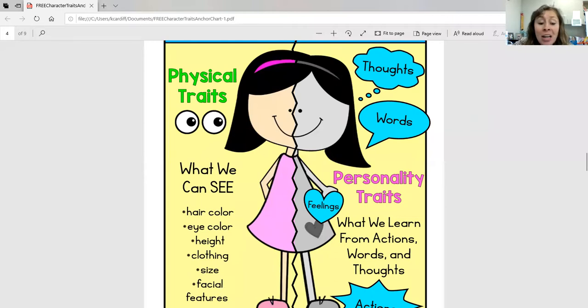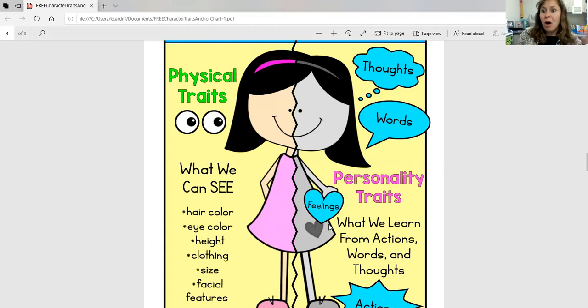Okay, and then also I'm looking over here at her personality traits. Okay, the personality traits are internal. It's internal, which is her heart, right? Her feelings. Got it? So we're using our thoughts, which come from our brain, which is internal as well, our words, and we are learning our actions.